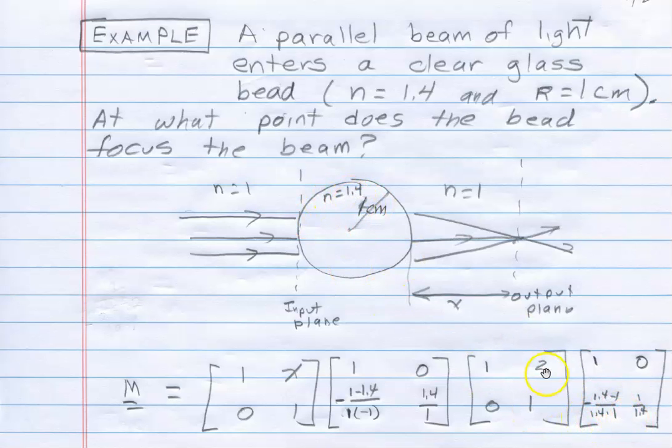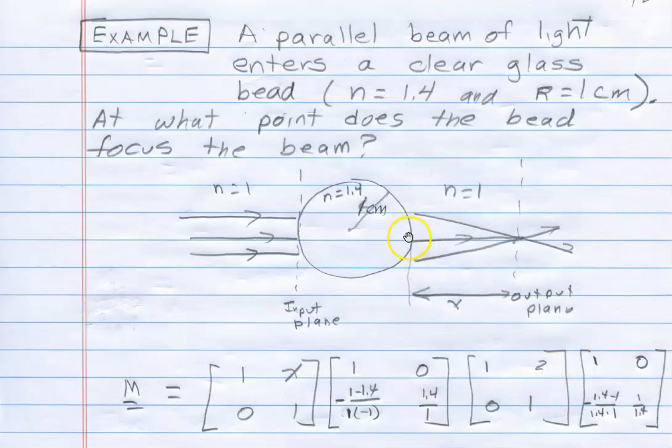I have a 1.4 for n2, a 1 for n1, and then this back one is n1 over n2. I then translate by a distance. Well, if the radius is 1 centimeter, I have to translate through a diameter, and so the translation matrix is 1, 2, 0, 1.